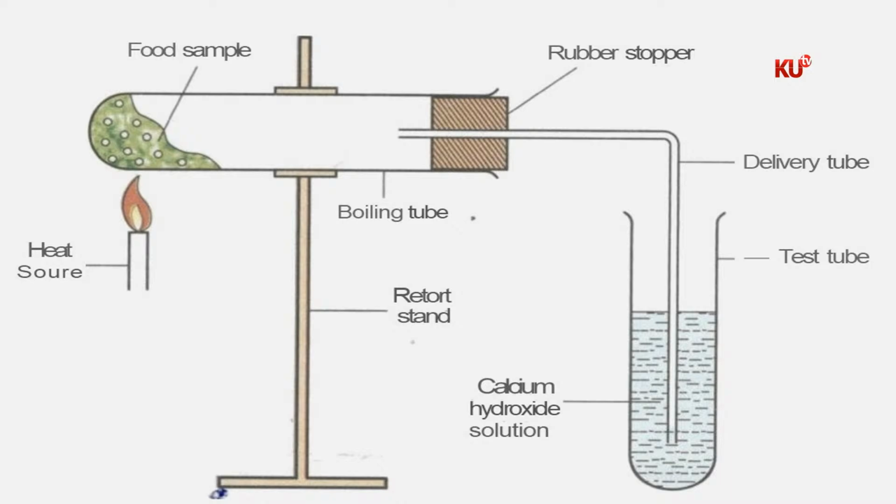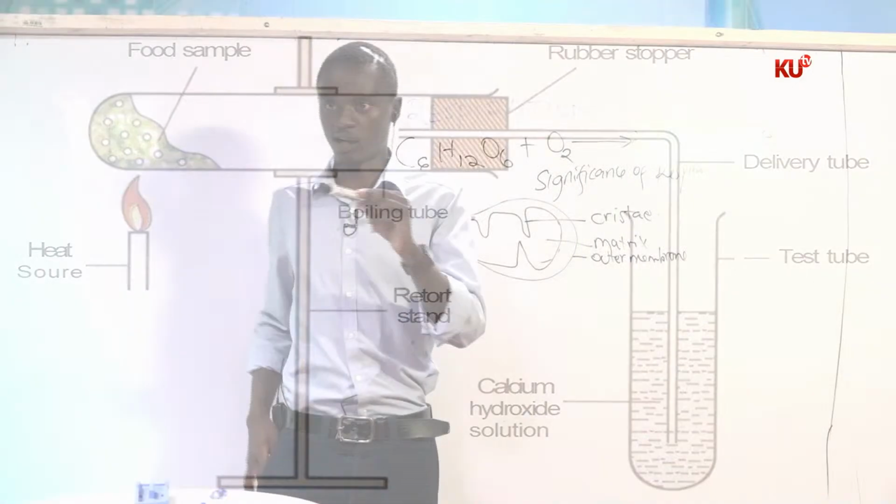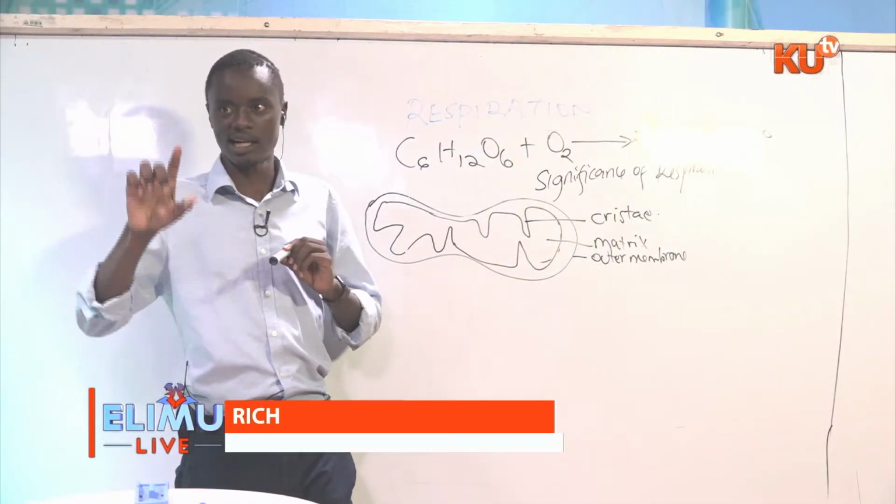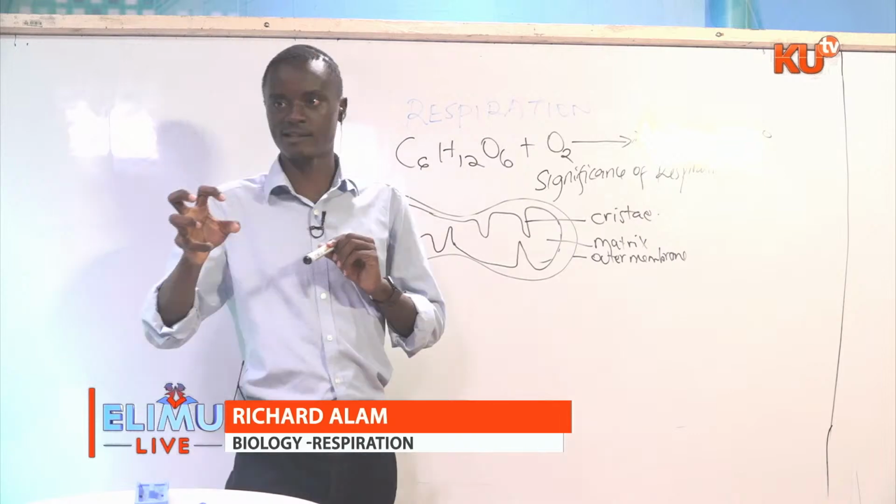Now, let's move to the observation and conclusion. What will we expect at the end of the experiment? When food is burnt, carbon dioxide is released.